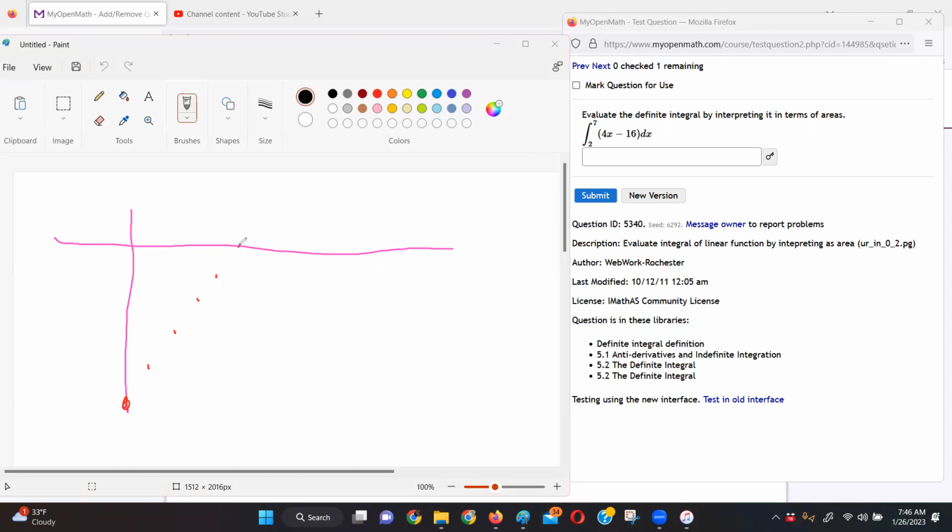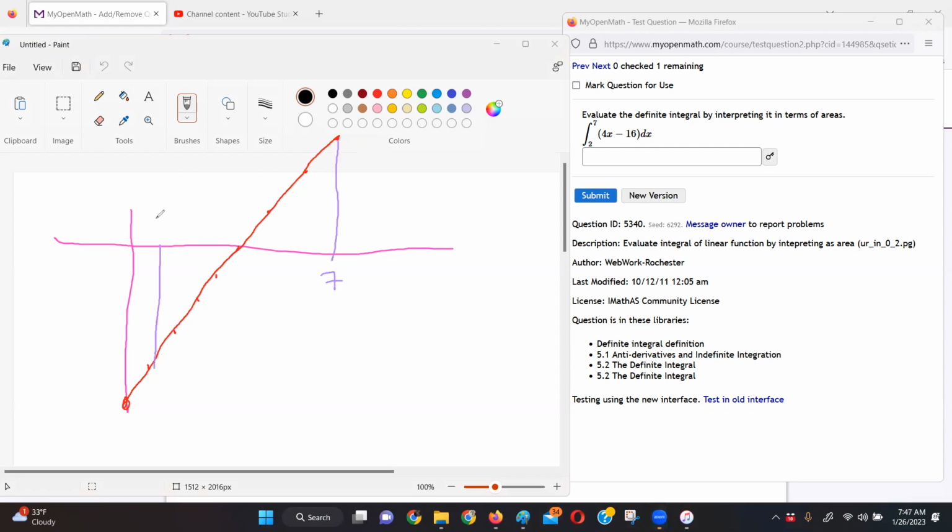Okay, so that's okay. Let's come up here and look at this. So we got something going on. Here's the line. Let's pretend this is where 7 is, and then 2 is back here.